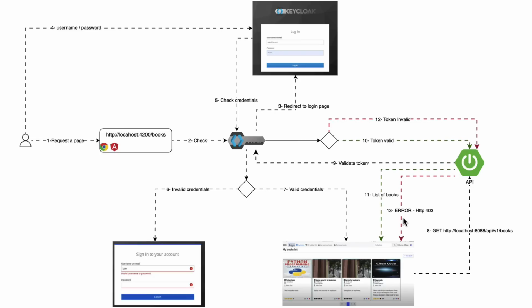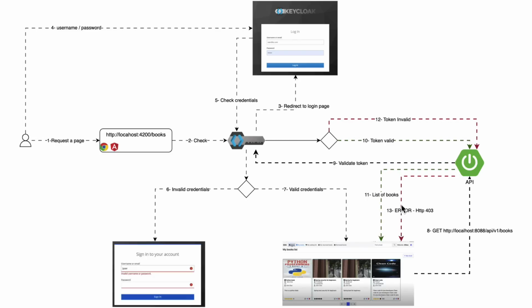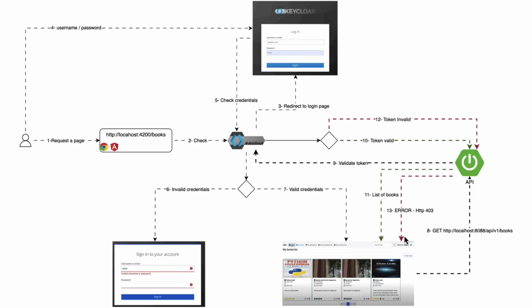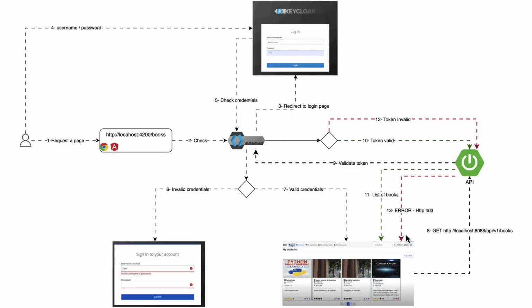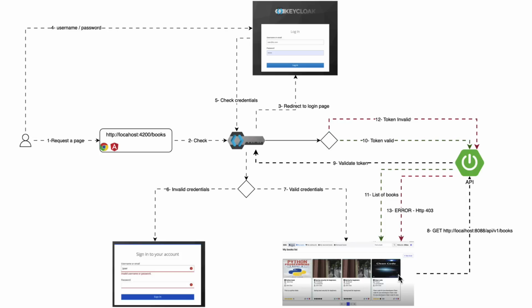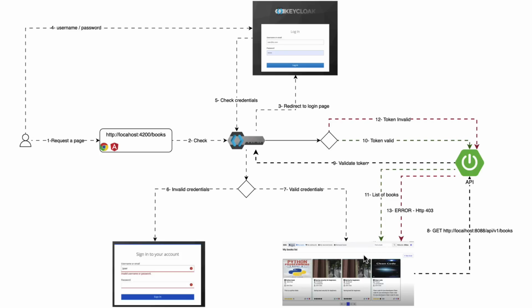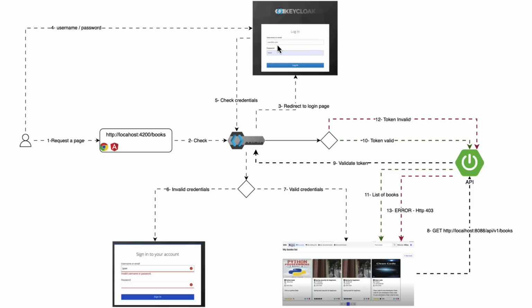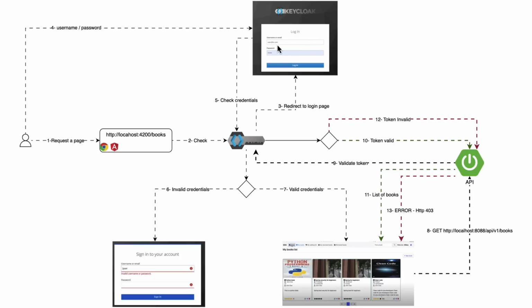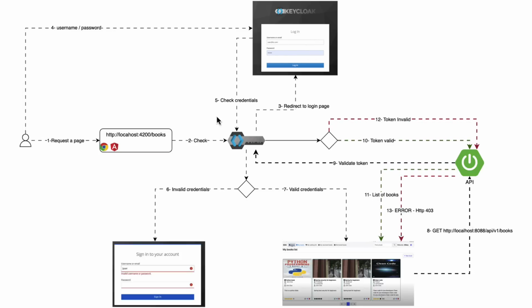In that case, we will send back an HTTP 403 to the front end telling that the token is not correct. For example, if the token is expired, Keycloak will perform another check, and we will redirect the user again to the login page, since the token or the session has expired for our user.